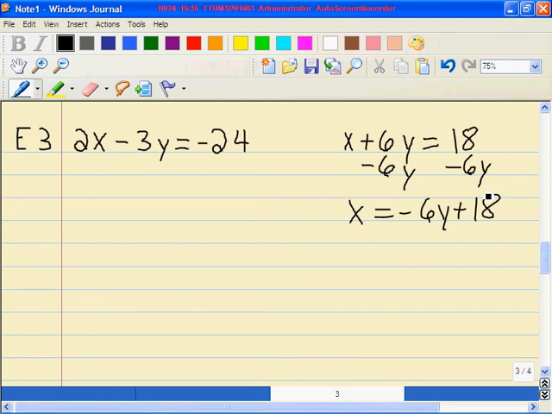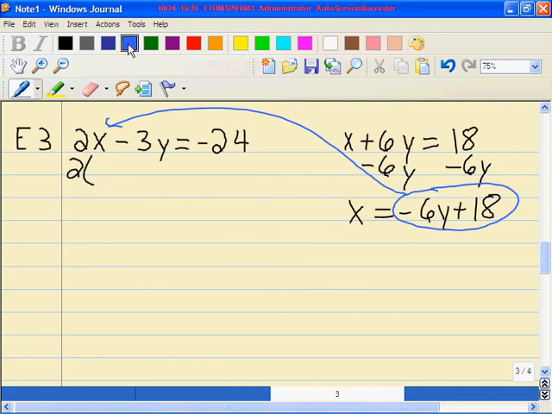Now that I have that, I can take and plug that negative 6y plus 18 in for x into the first equation. So I'll take that and we'll stick it right here. So I'll have 2 parentheses negative 6y plus 18, close our parentheses, minus 3y is equal to negative 24.